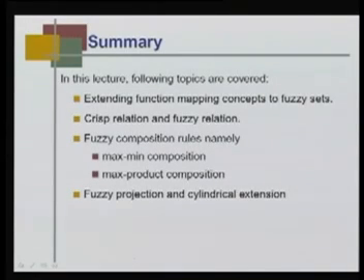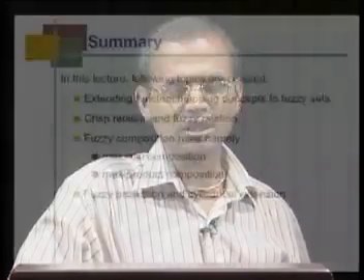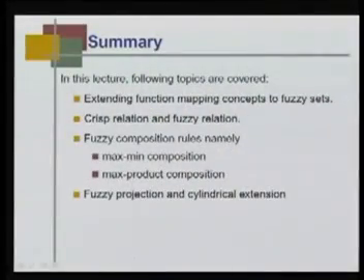We discussed fuzzy composition rules, max min composition and max product composition. Unlike in crisp relation where both give the same answer, in fuzzy composition max min and max product give two different answers.